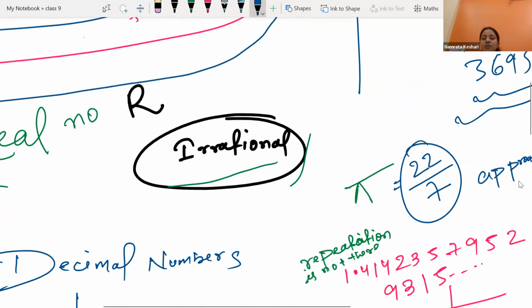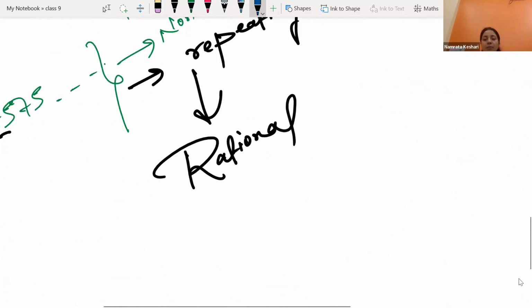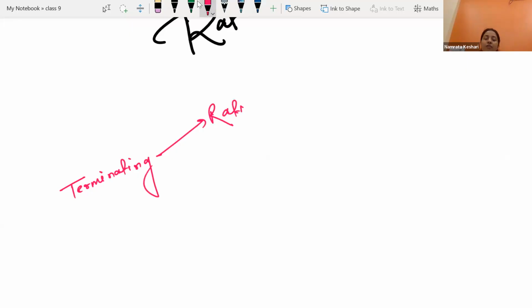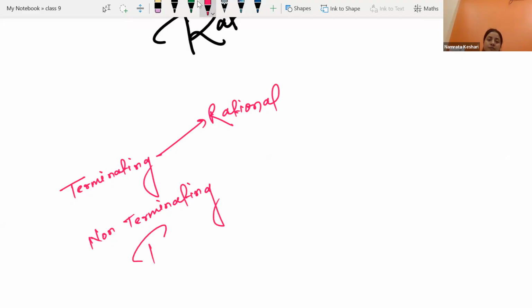So from now onward, keep in mind that when we have a terminating decimal, that falls in the category of rational numbers. When we have a non-terminating but repeating decimal, that also falls in the category of rational.